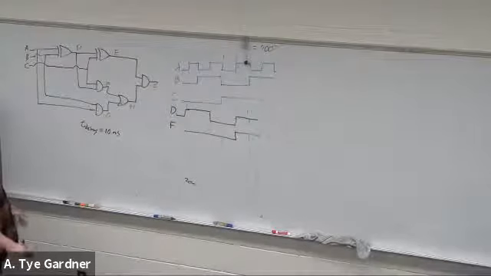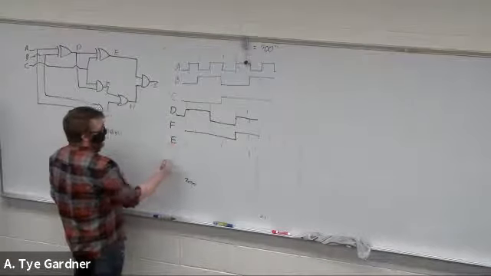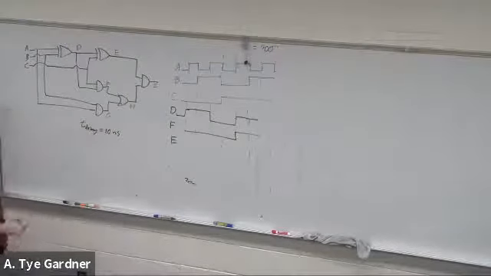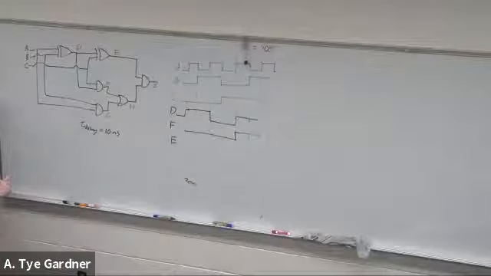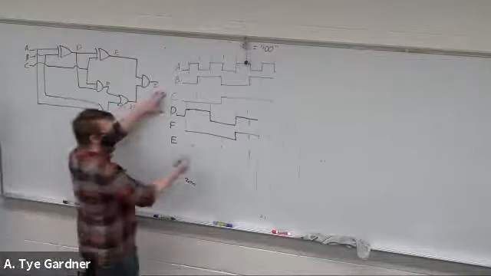Now E. E, I guess I could have done this as quickly as well. Let's look at E. Well, E is true when D and C are not the same. That's these two.